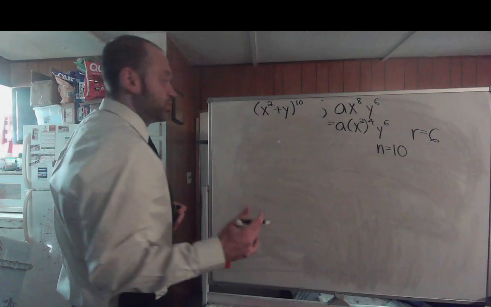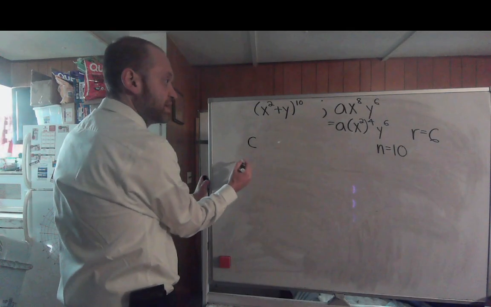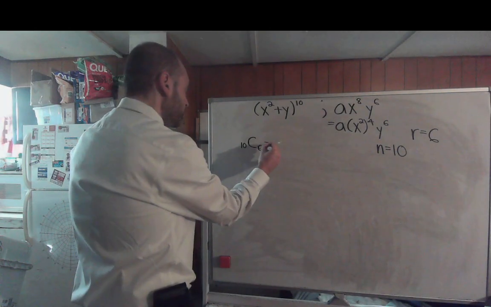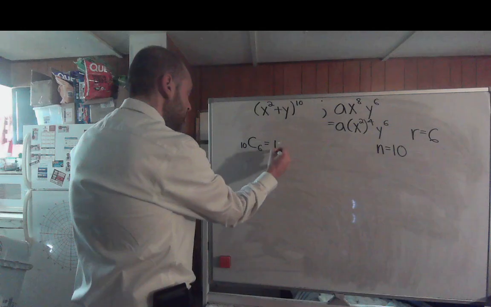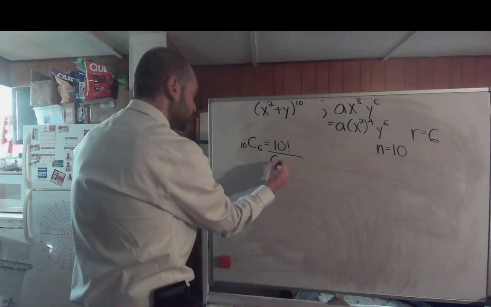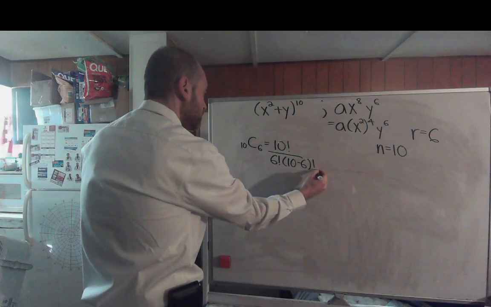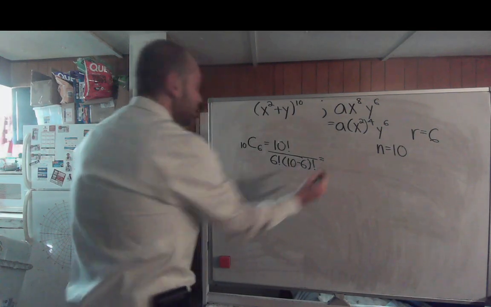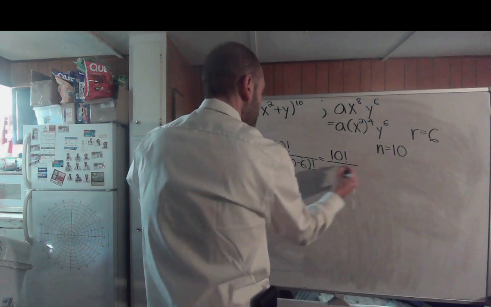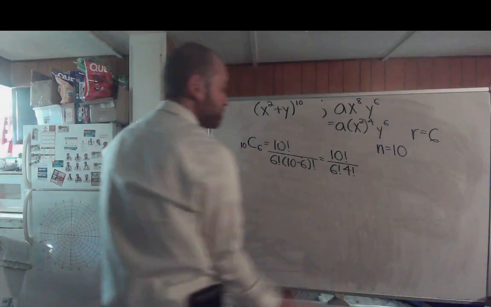First thing we want to do, again, is find the initial coefficient. That's going to be those n things r at a time, or 10 things 6 at a time. Well, that's going to equal 10 factorial all over 6 factorial times the quantity of 10 minus 6 factorial, which would turn into 10 factorial all over 6 factorial times 4 factorial.